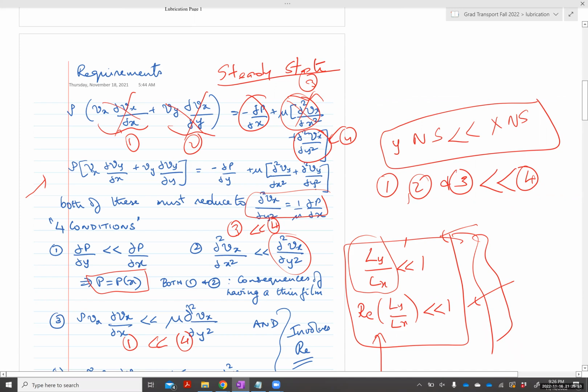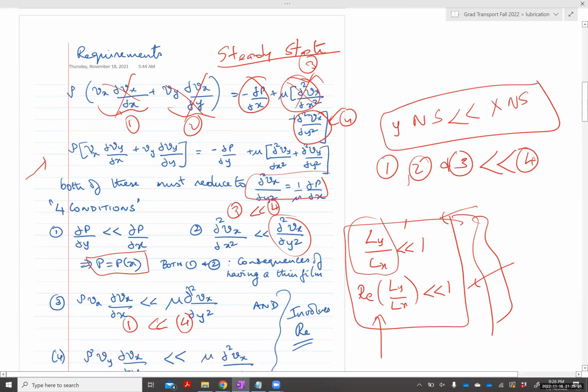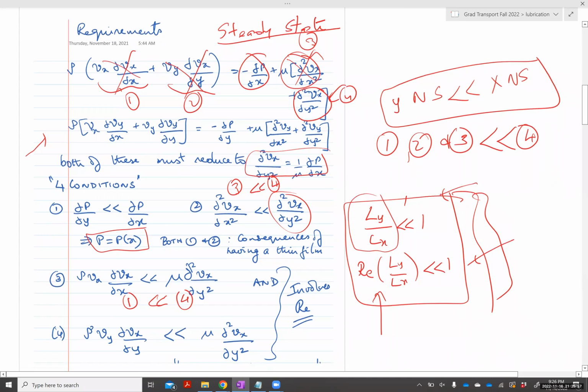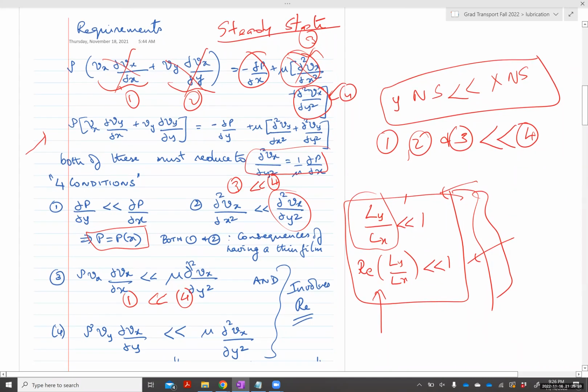When these two constraints hold good, the conditions are valid, and you can simplify the Navier-Stokes to the lubrication approximation. Please go through the book, which does an excellent job in explaining these things.